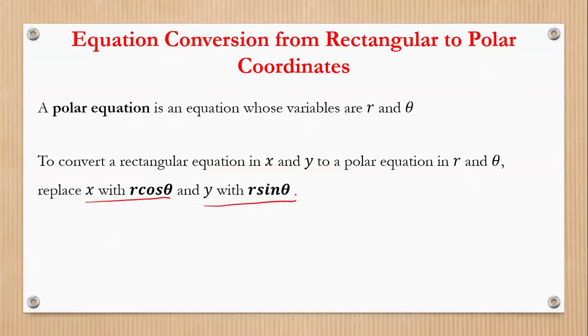But sometimes in some equations, you may not be able to see r cosine theta and r sine theta when you're looking at the equation. Sometimes you need to make them first. Based on the equation, sometimes you may need to multiply by r, sometimes you may need to square both sides.